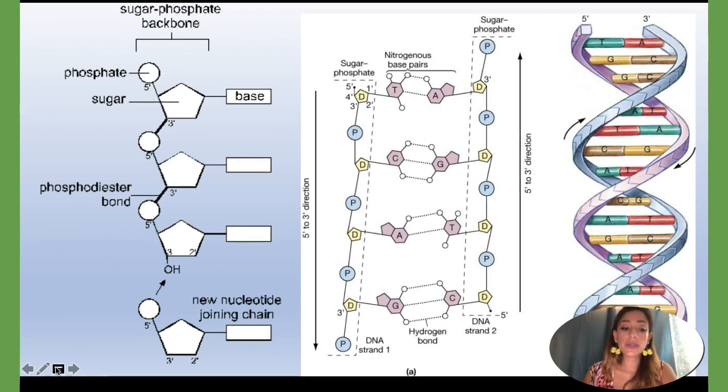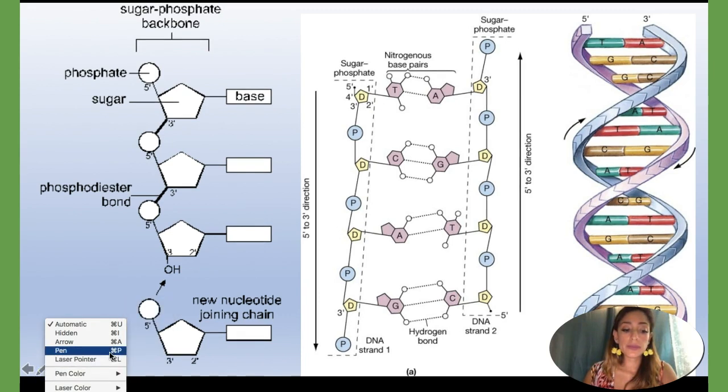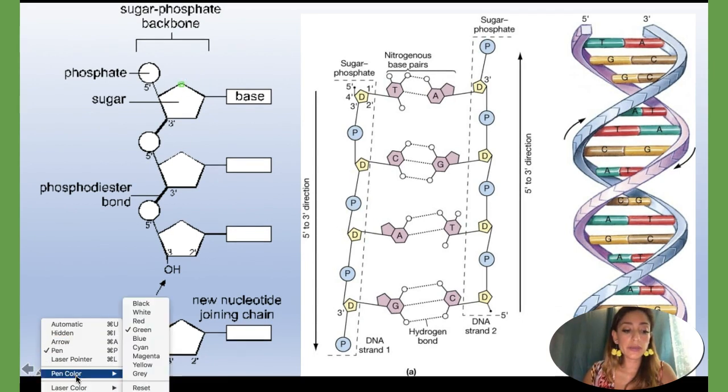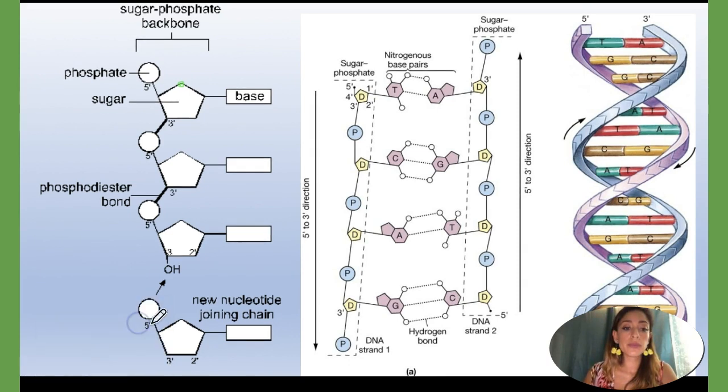So let's pretend right here would be your oxygen. So that means, let me get a much brighter pen. Okay, here's your oxygen. So that would mean this is carbon 1, this is carbon 2. That's why this is carbon 3 labeled right here.